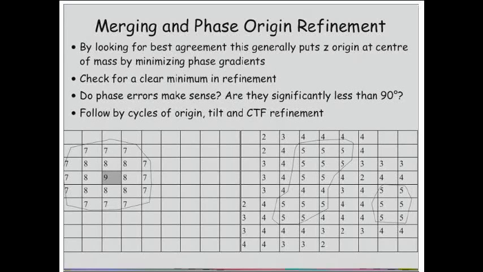So for example, if you look in ORIGTILT, it produces a matrix like this, which is basically a scoring matrix.